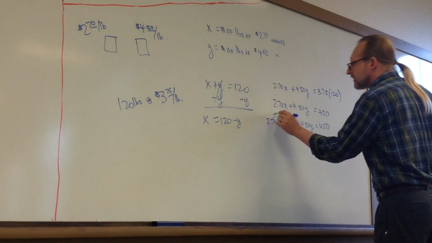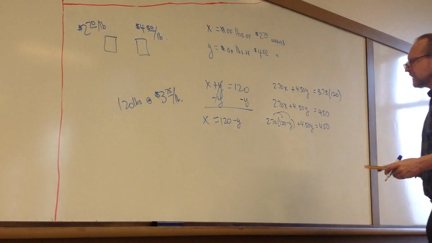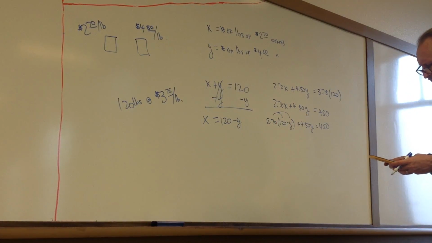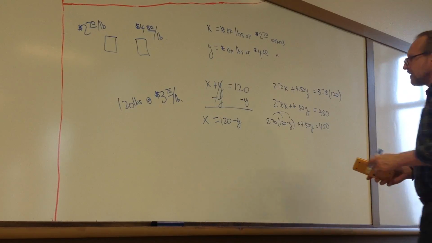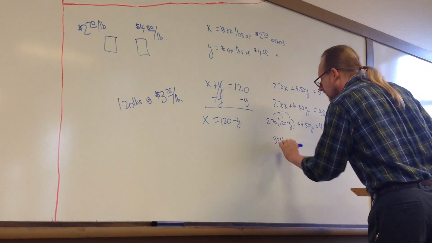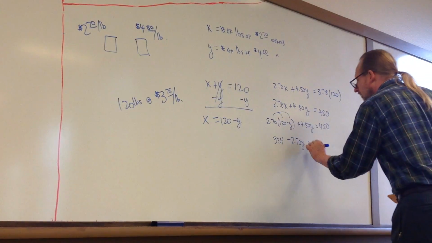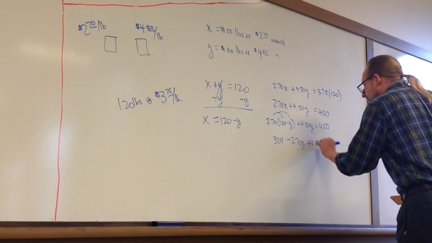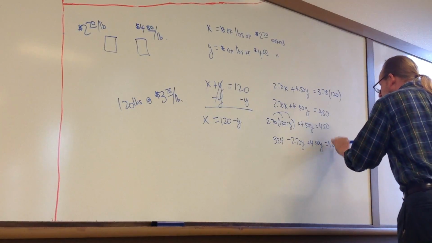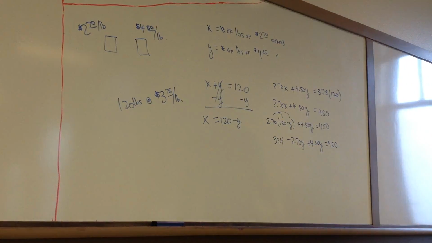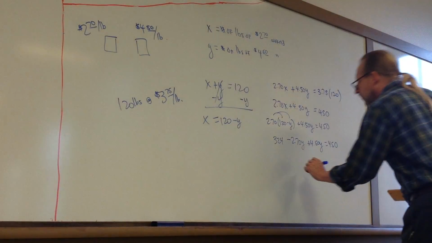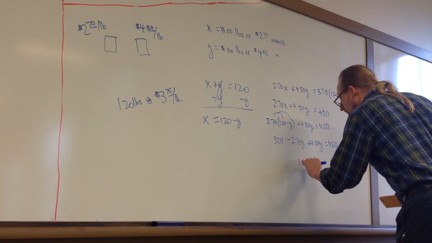Let's see. So we have to distribute that $2.70 inside there. So we've got to do 120 times 2.70. That's 324 minus 2.70 times y plus 4.50y equals 450. Okay, so again, we've got our like terms here. 4.50 minus 2.70 is 1.80y.